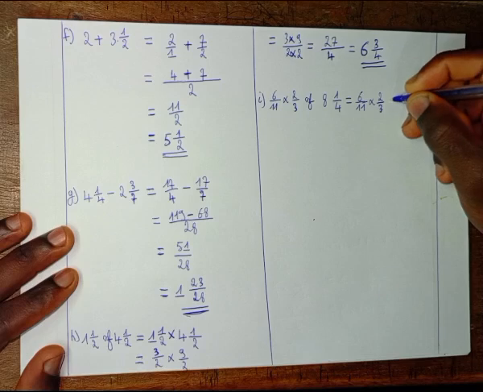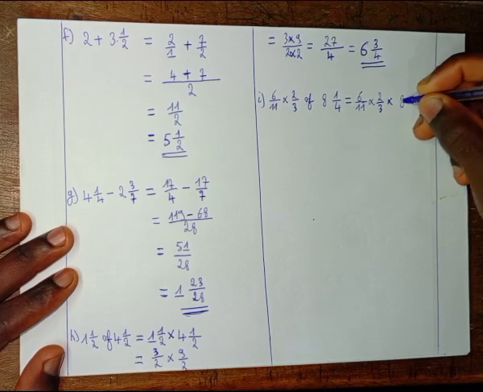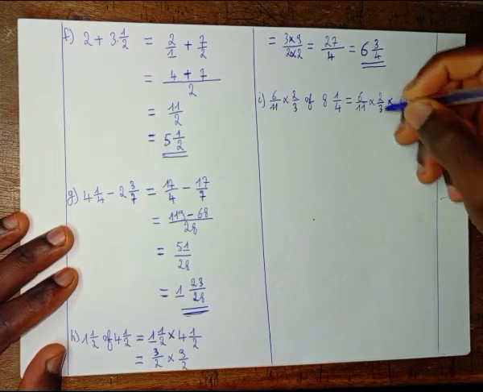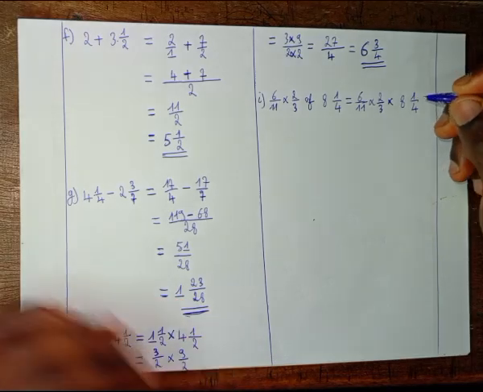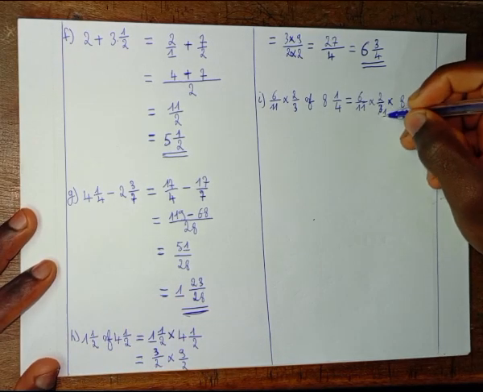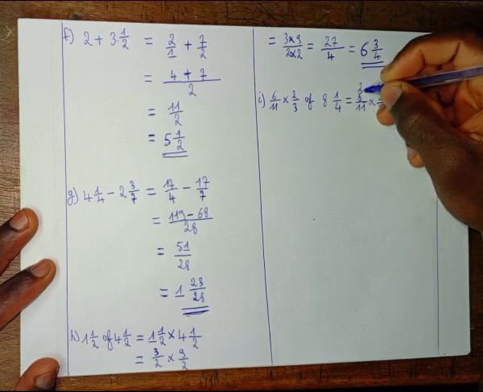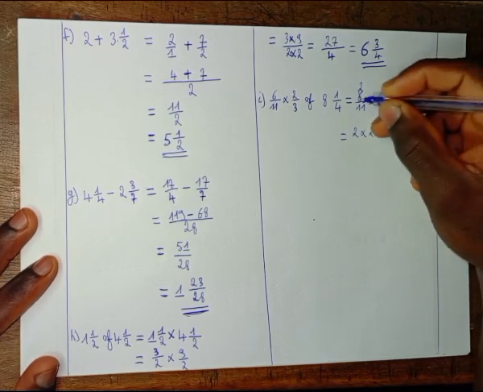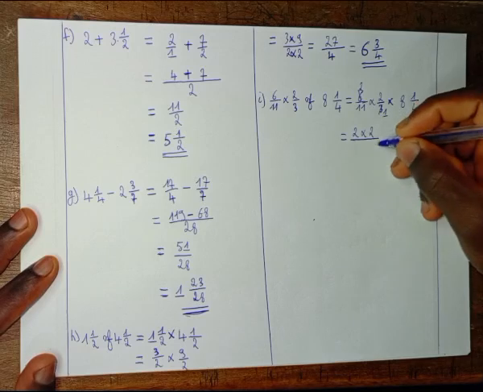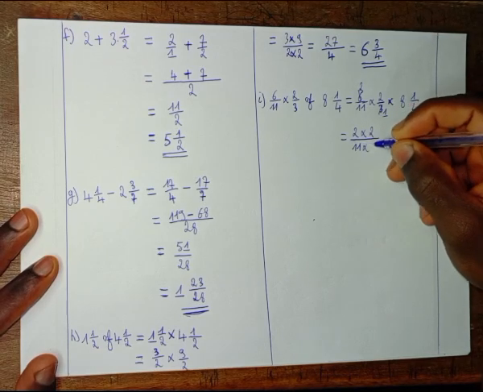We know "of" stands for multiplication, times 8¼. If we carry out simplifications, 3 will go into 3 once, 3 will go into 6 2 times. So this will give us 2 times 2 at the numerator, all over 11 times 1.